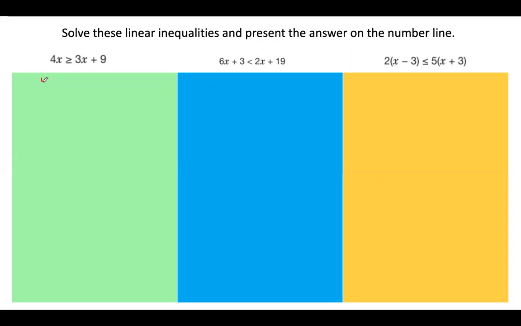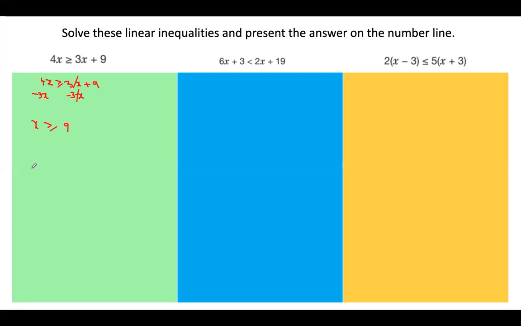So let's write the inequality again. 4x bigger than or equal to 3x plus 9. So we're going to do minus 3x on both sides to eliminate the 3x on the right-hand side. And so 4x minus 3x is x bigger than or equal to 9.